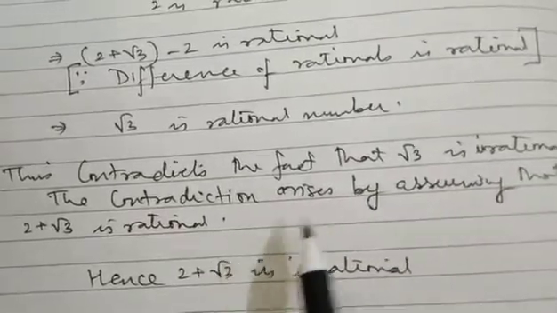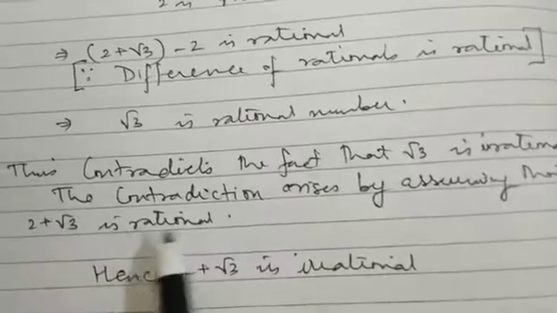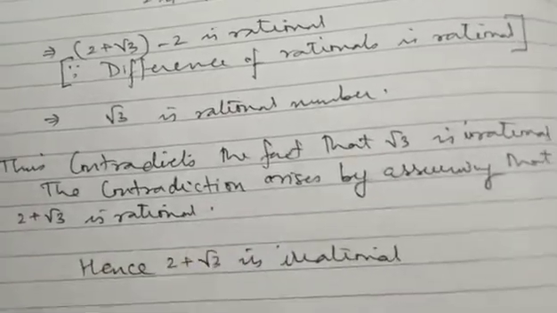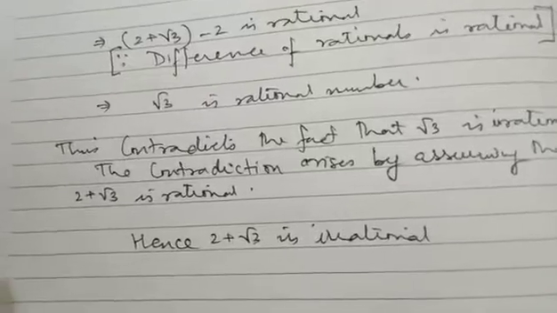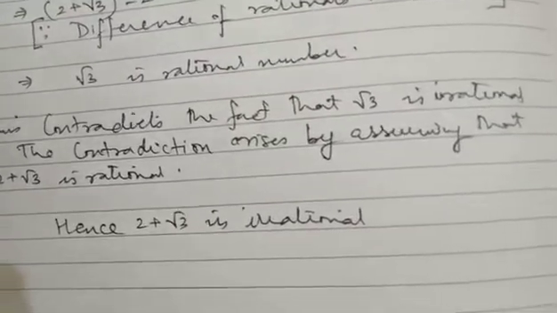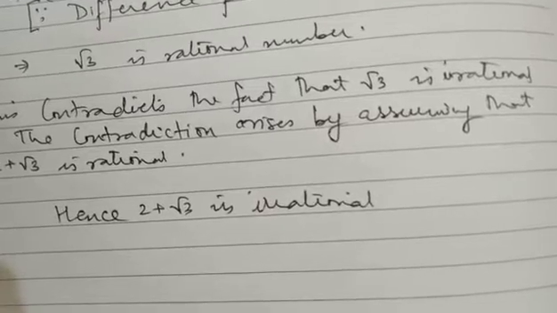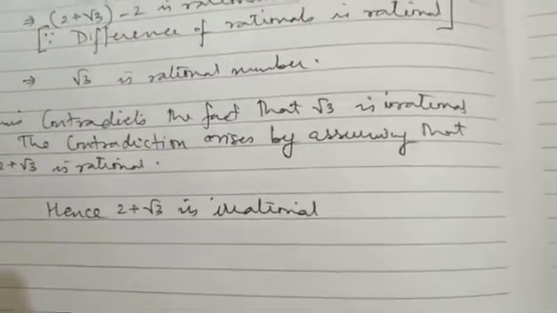The contradiction arises by assuming that 2 plus root 3 is a rational number. That means this contradiction has only taken place because we have assumed 2 plus root 3 as a rational number. And that means our assumption is wrong, and so 2 plus root 3 will be an irrational number.